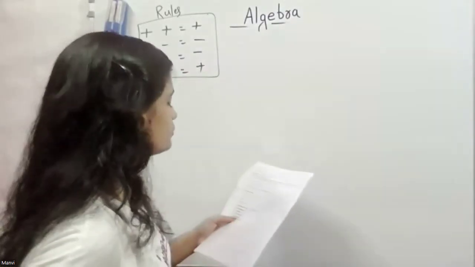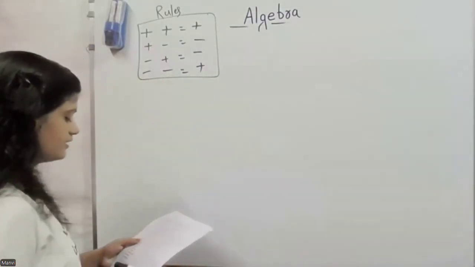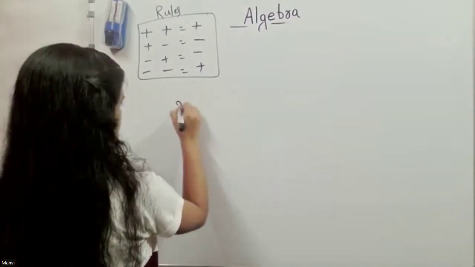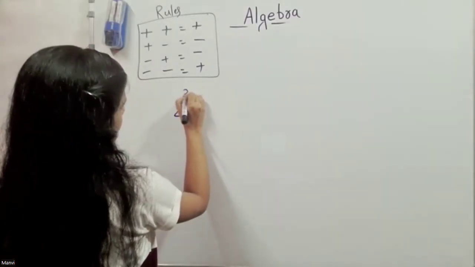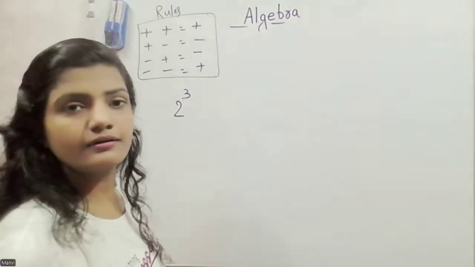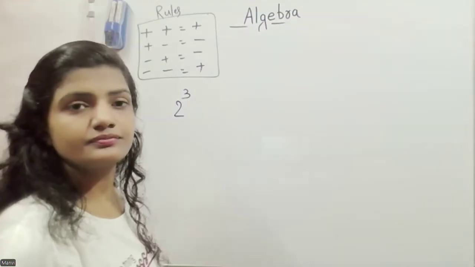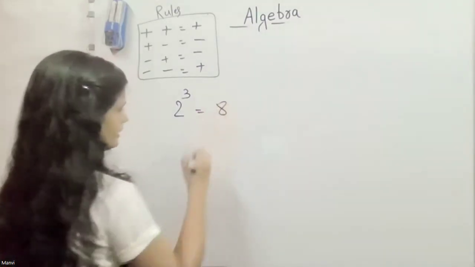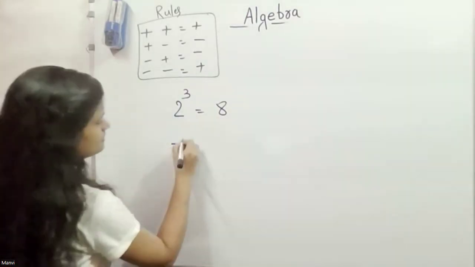We already learned about square roots, Kavya, earlier, right? For a number like this, 2 with a power or index of 3, what will it be? 2 times 2 times 2, so it must be 8. Okay. And what about this?